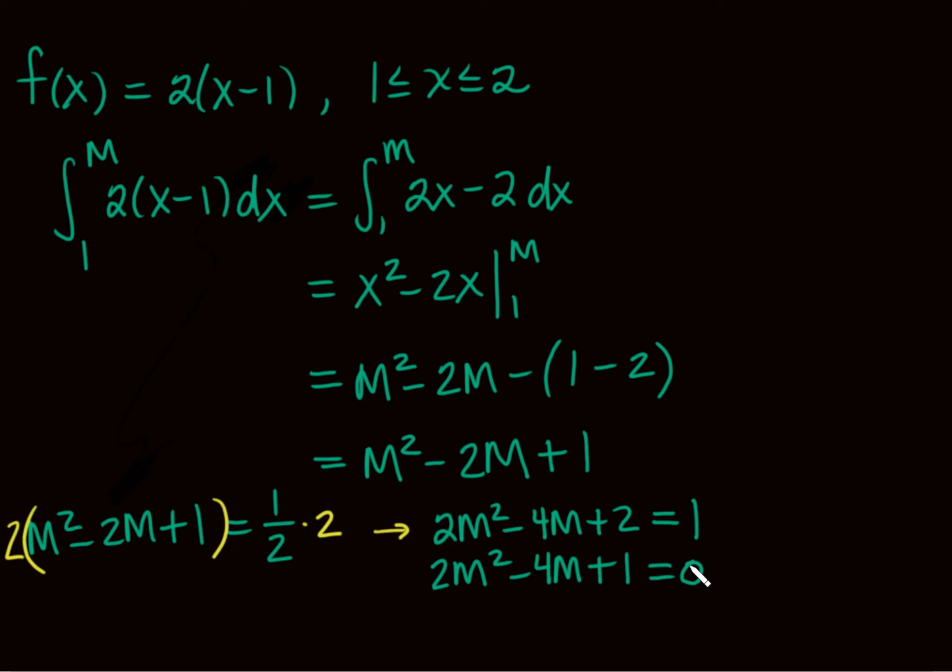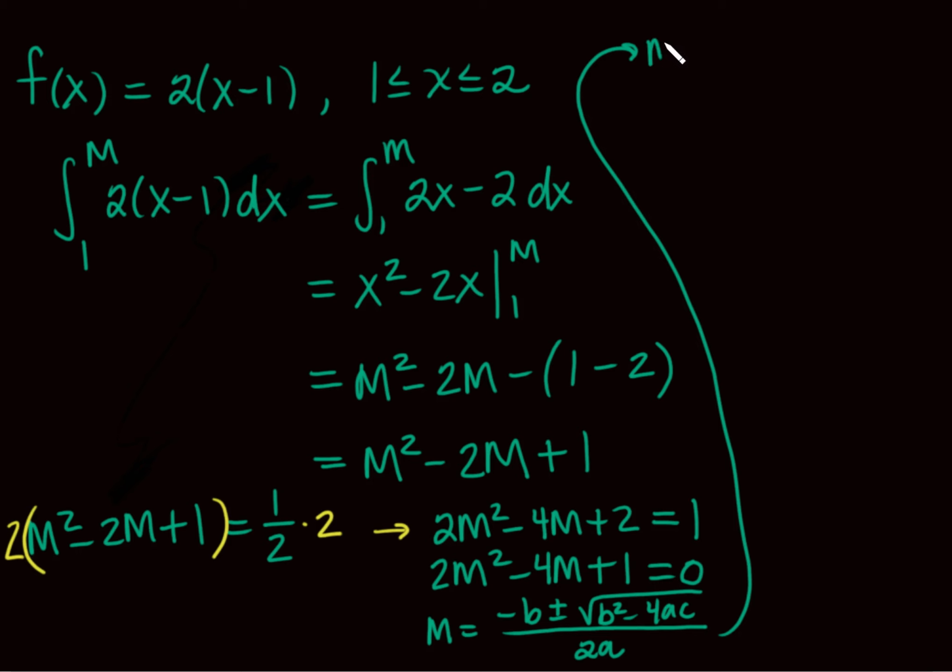And what I would do here is try to factor it, but it's not going to factor. You could try, but I'm not going to be able to find numbers that give me what I need here. So remember the quadratic formula. M equals the opposite of b plus or minus the square root of b squared minus 4ac, all over 2a. So what is my b?